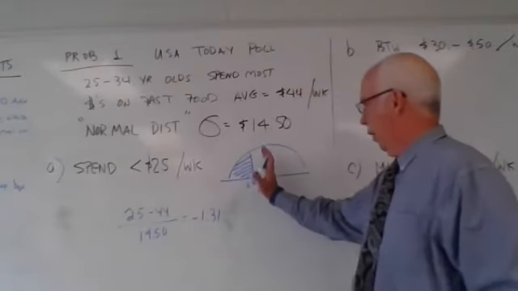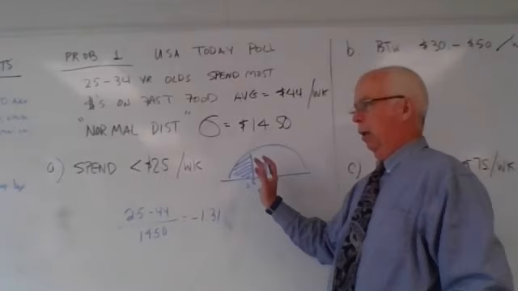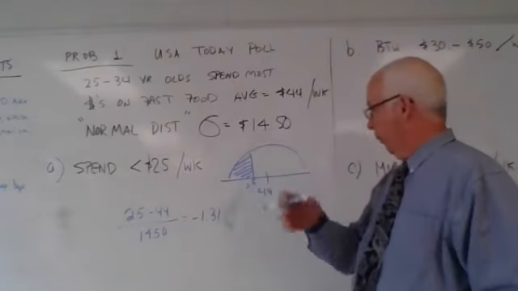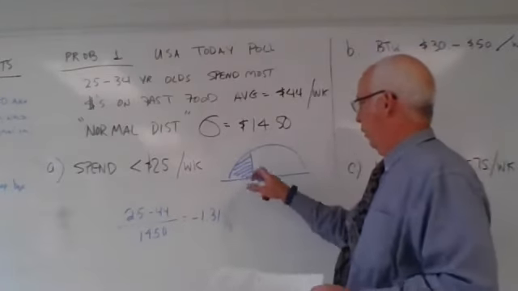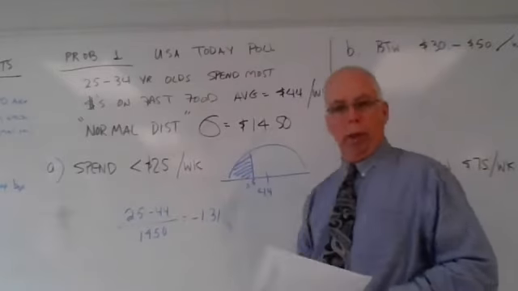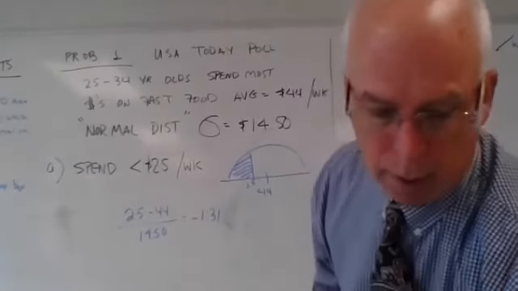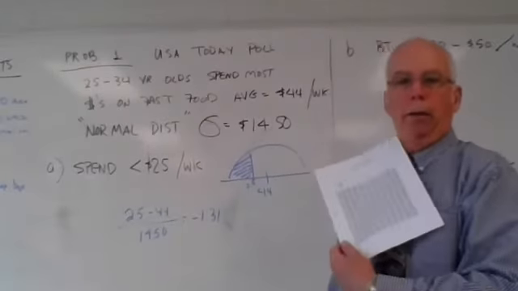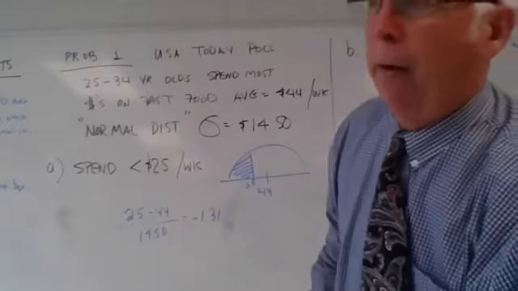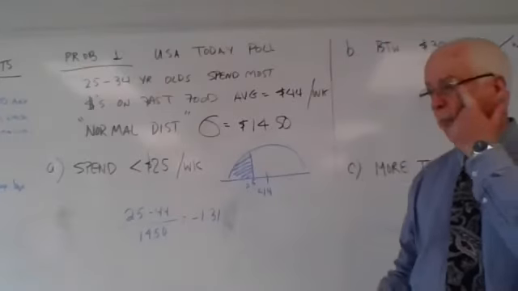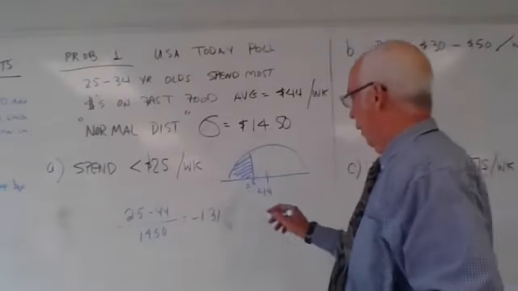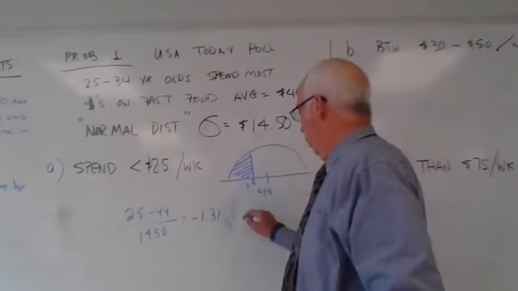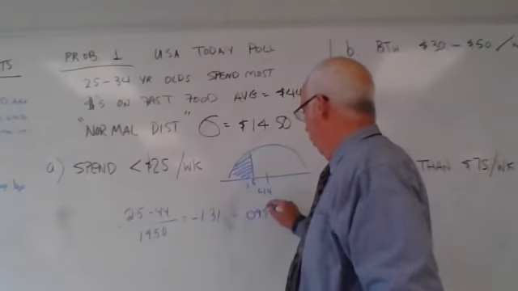You know the standard deviations are going to be negative left of the mean, and positive to the right of the mean. So that's 1.3 standard deviations below the mean. So we're going to go to our handy dandy table and go to the negative side. We're going to go down the left column to negative 1.3, and across the top for the hundredths to 0.01. And we will find that that equates to 0.0951.